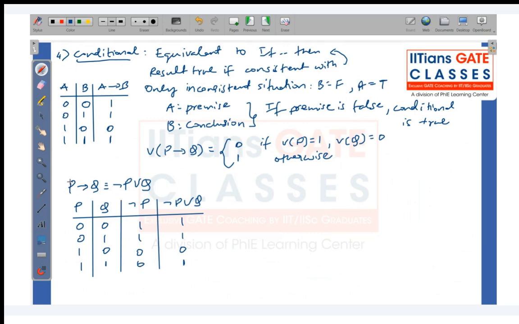Fine. Any doubts in this? It's a really simple one, but this was a previous year GATE question also.